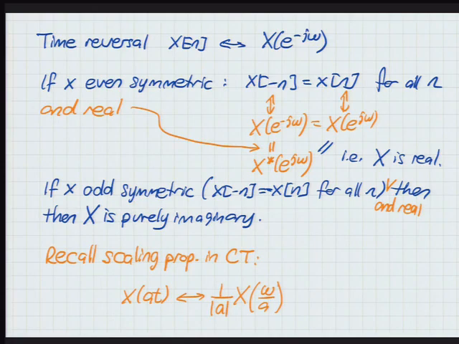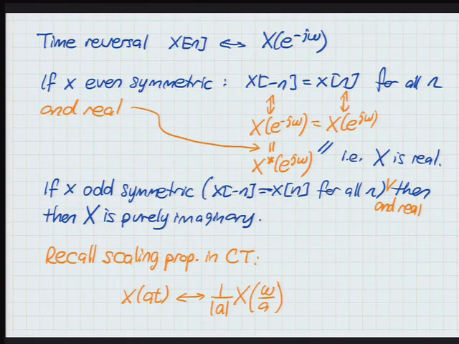So the question is, what would be something analogous to this in discrete time Fourier transforms? Well, the first question that arises is, what is analogous to stretching or compressing a discrete time signal? First, the easy one.